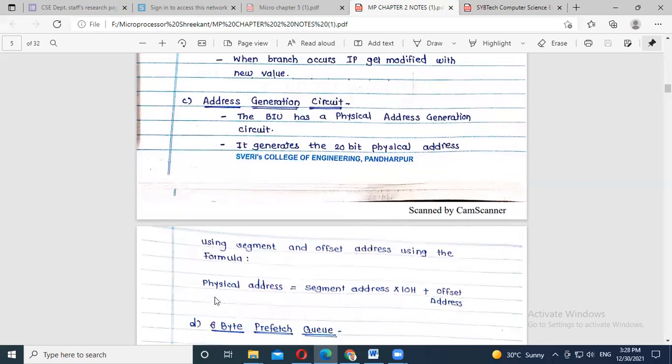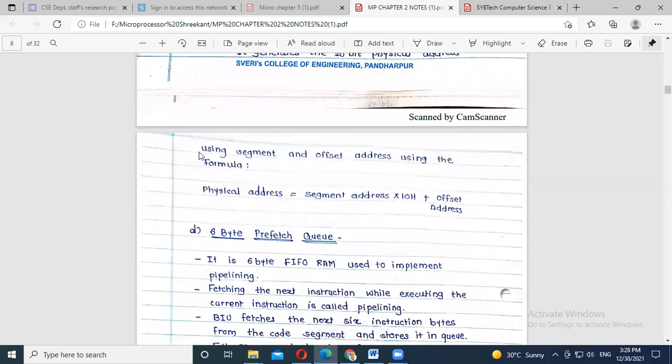Okay, so the physical address is equal to the segment address times 10 hexadecimal plus the offset address. Please remember this formula. The segment address may be the code segment, stack segment, data segment or extra segment, multiplied by 10h, plus the offset address. The offset address is given in the question, so finally you have to calculate the total physical address.